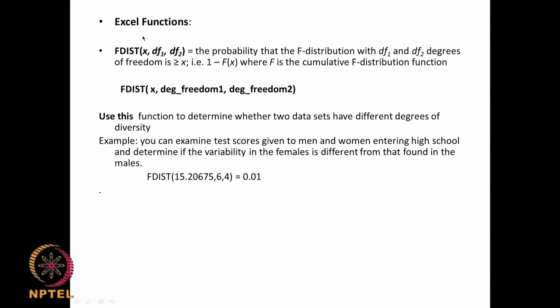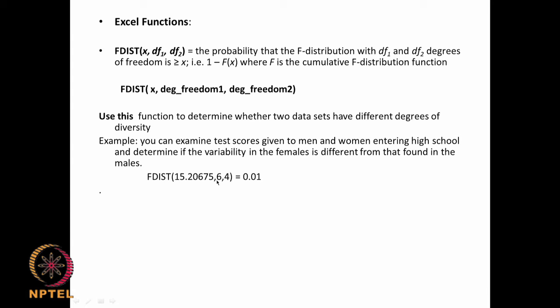Now, there is also an Excel function, called the Fdist function. So, we give the value, and Fdist gives you the probability for the F distribution with df1 and df2 degrees of freedom. This gives you a cumulative probability actually.